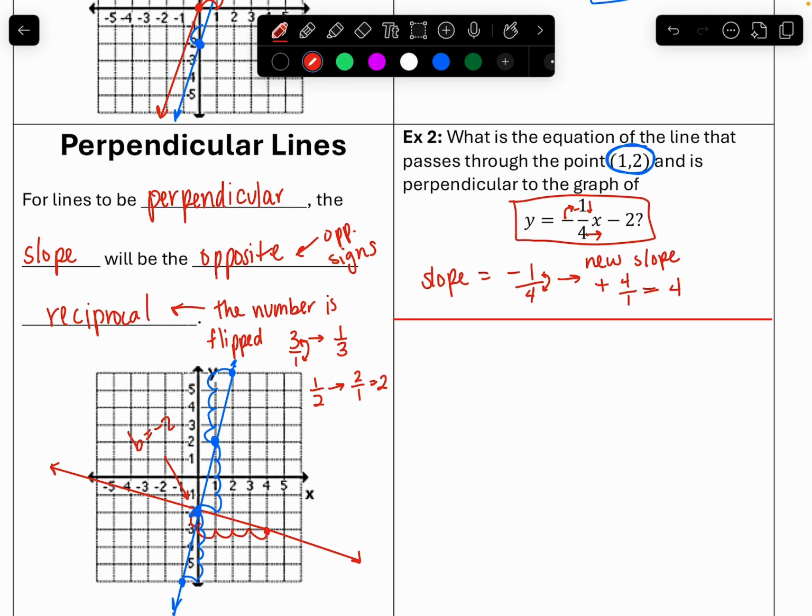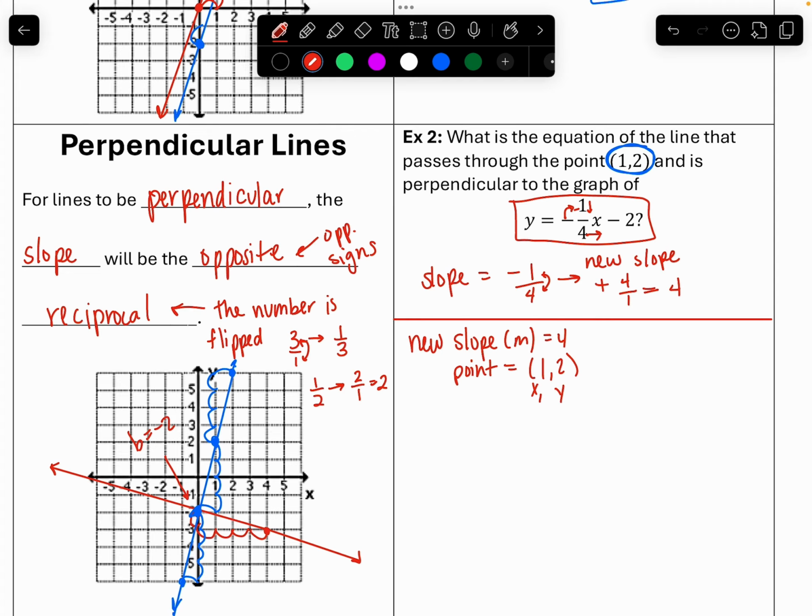So I'm going to show you the one I showed you guys in class today. We have a new slope. New slope is 4. And we have a point, which is 1, 2. Again, point slope form, it literally says it right there.